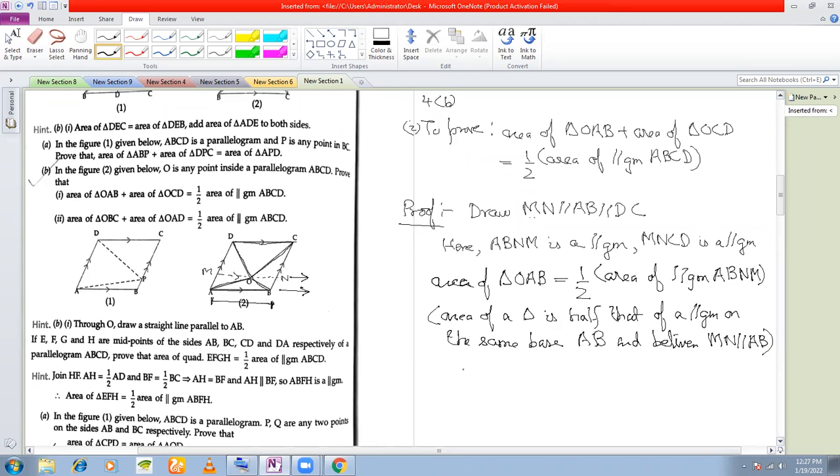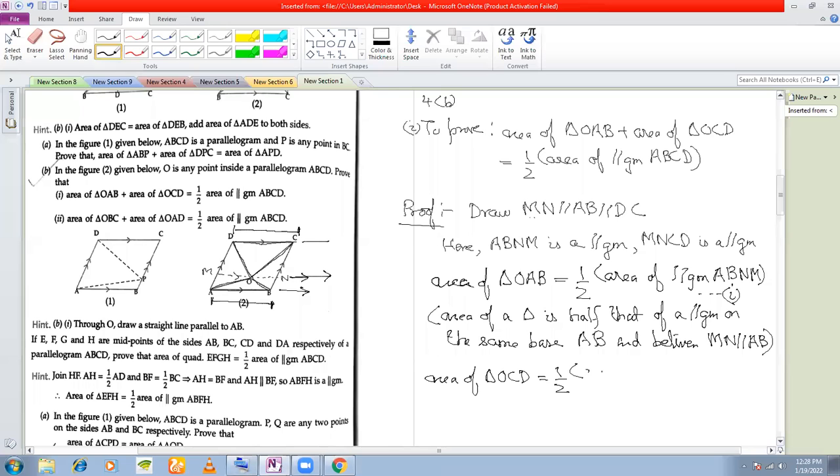Right? Similarly, now if you consider the other parallelogram, the top parallelogram, MNCD, what can you say about triangle OCD? Okay, now look at the parallelogram MNCD. If you see triangle OCD is on this base CD, right? And between these two parallel lines, that means I can say area of triangle OCD is half area of which parallelogram?